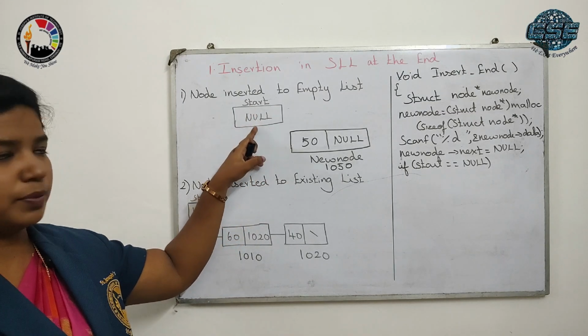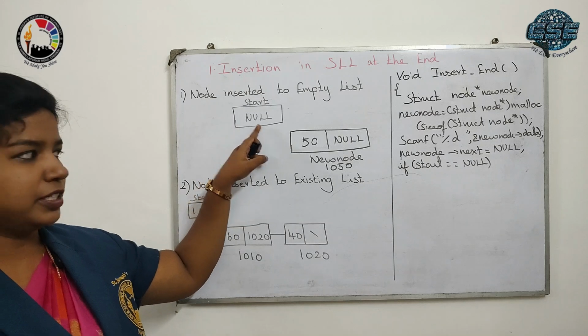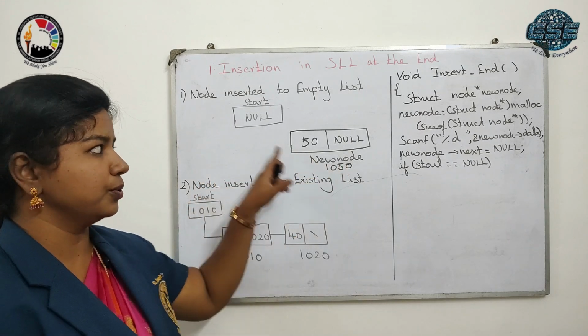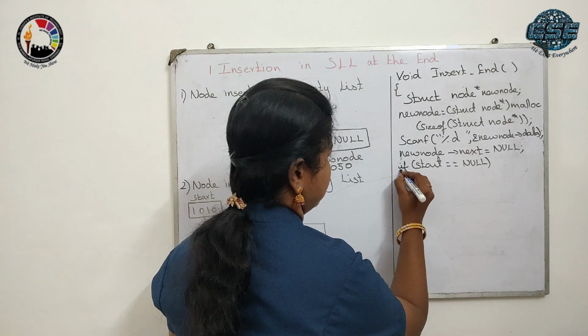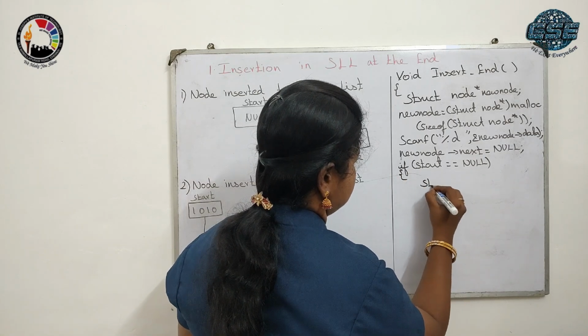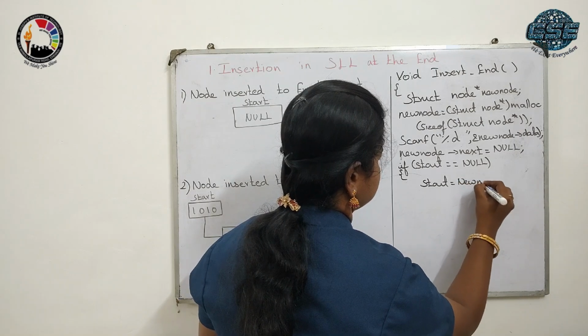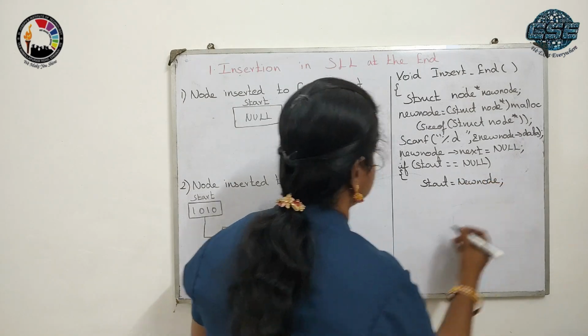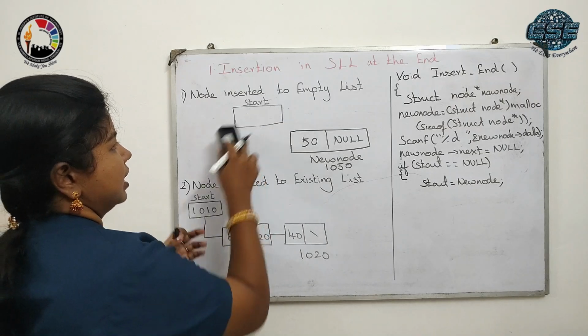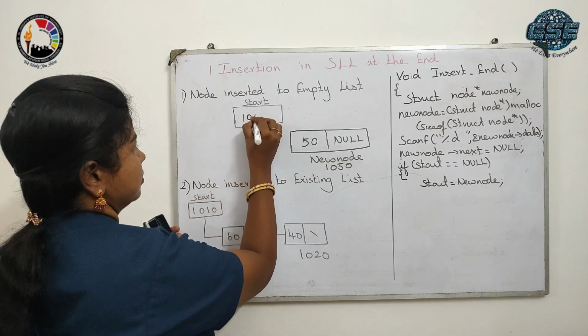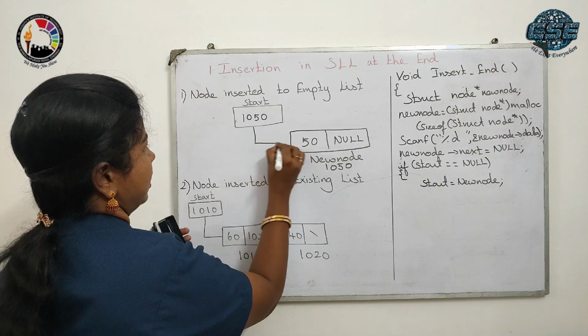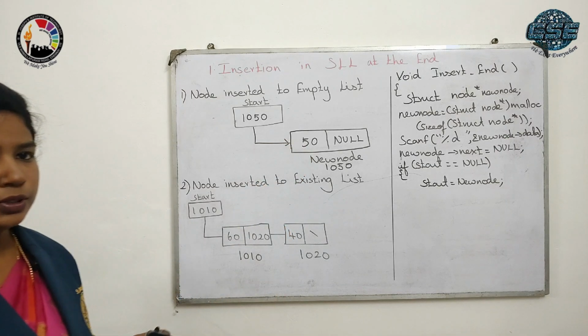This start will have null, and this null should be changed to the address of your new node. So if start is equal to null, we assign start is equal to new node. So this null will get the address of new node, and you'll have a link from the start to the new node.